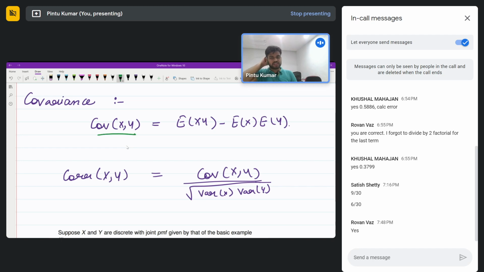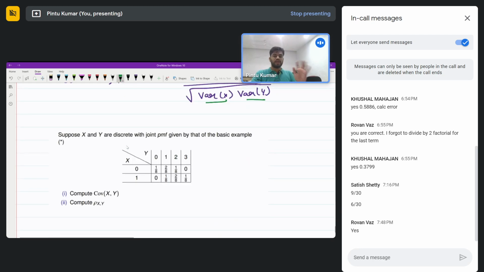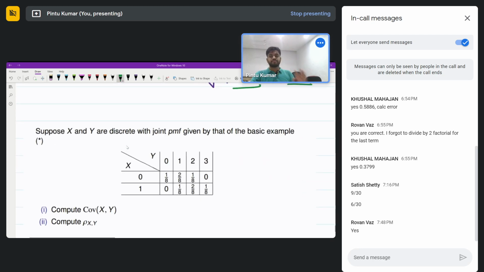So covariance of x and y is given by expectation of xy minus expectation of x into expectation of y, and correlation is, I won't call it normalized, but this is divided by under root of variance of x into variance of y. We'll just look at a simple example.